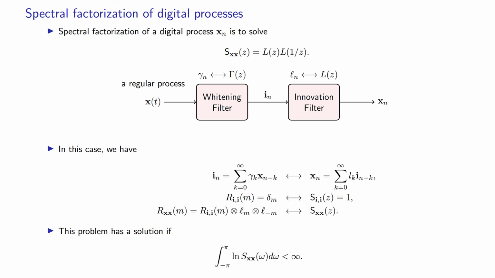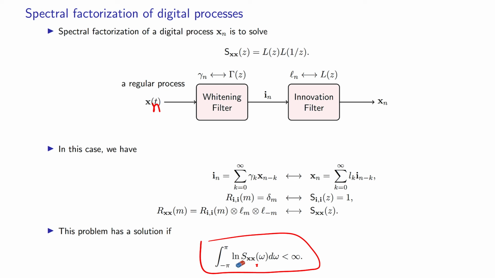So here we have the same thing. If you write here, this is x of n. And the same concept, we have whitening filter, innovation filter, and then the same problem. The only difference in the theorem is that this function is periodic, so the integral over one period should be fine, and for continuous time you had this divided by 1 plus omega squared.